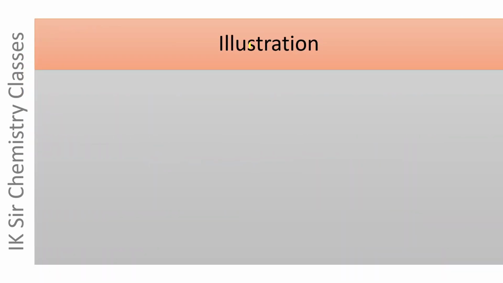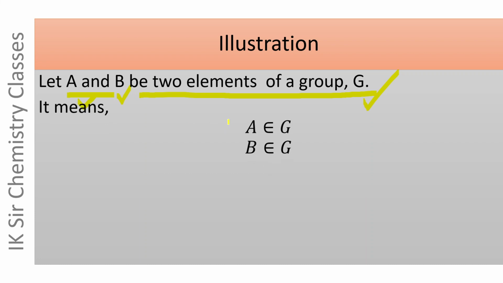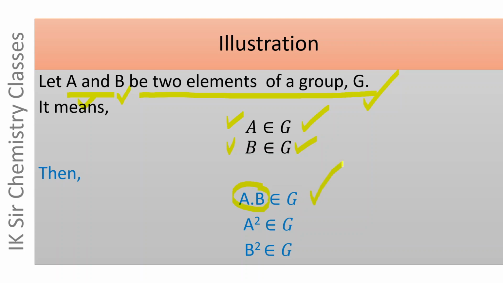Let us illustrate the law of closure. Let A and B be two elements of a group G. We consider a group G whose two elements are A and B. It means the element A belongs to group G and the element B also belongs to group G. Then the product of the combination of elements A and B must belong to the same group.